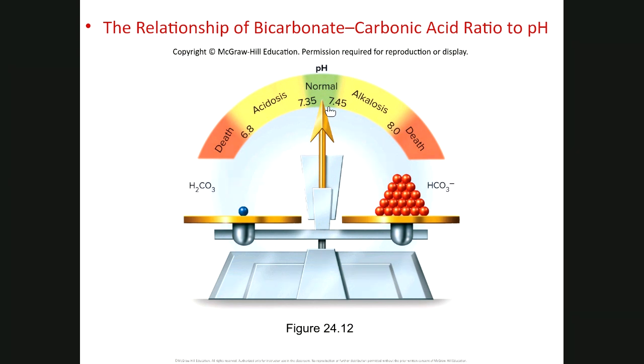On the bottom, you see H2CO3, and here your HCO3. Notice that there's a lot of HCO3 versus the H2CO3. Well, what does that mean? If there's a lot of one unit compared to another unit, that tells us that an H2CO3 increase, just one unit of it, will completely throw the whole thing into acidity, towards the left.